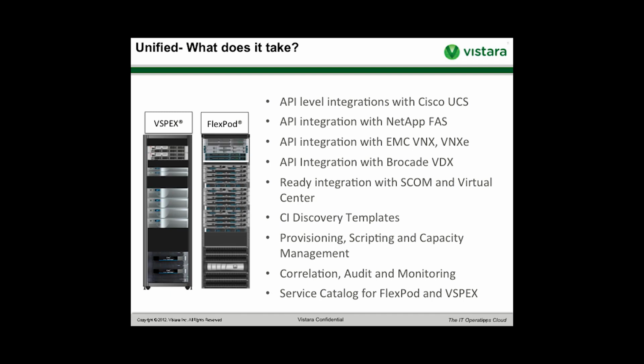So, having API-level integration with Cisco UCS so that we can use things like service profiles, and API-level integration with the NetApp FAS controller so that you can manage snapshots and thin provisioning. Being able to expose the value of these enterprise-class elements is a key part of being able to unify management.